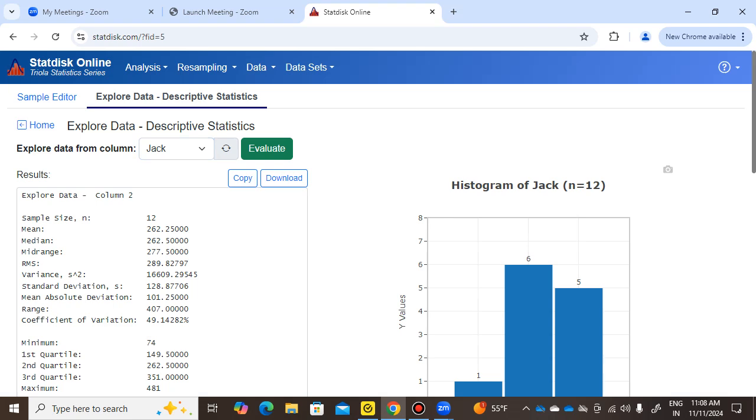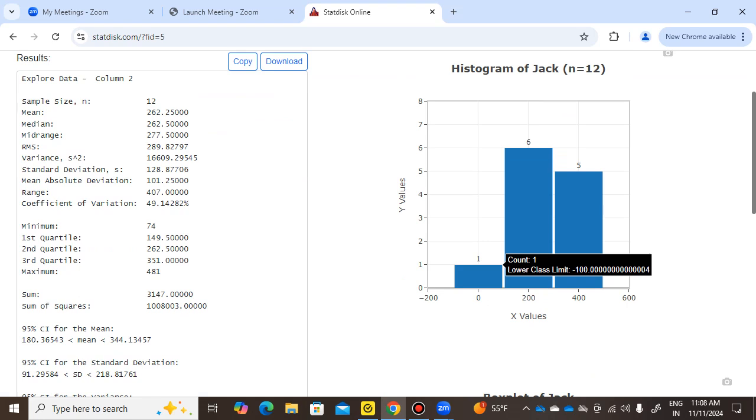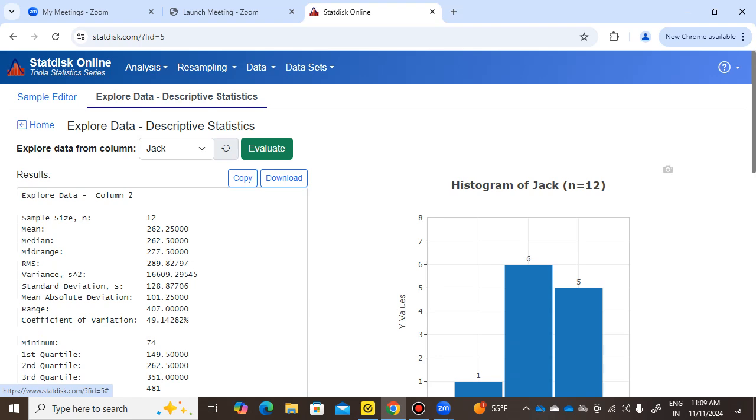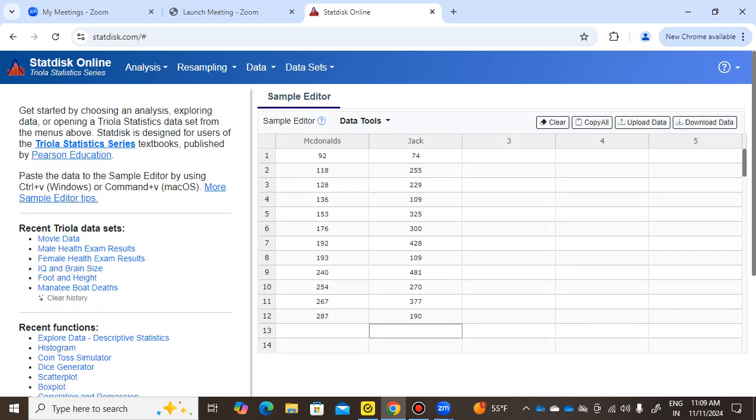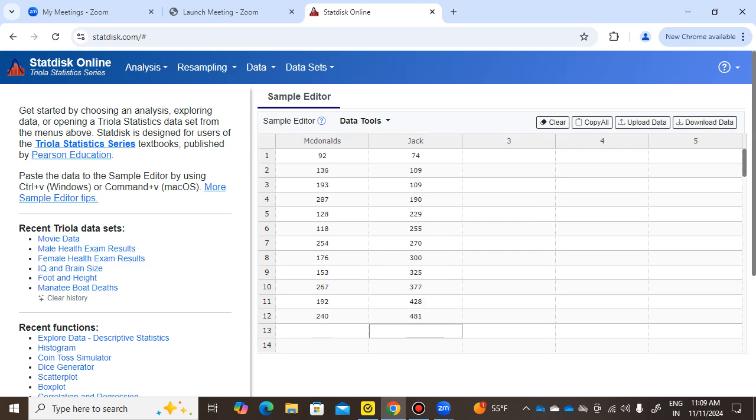And then the mode, in a similar sense, we can look at the class from 100 to 300, or we can look at any repeated data. So we'll sort it based on that second column, and we see 109 gets repeated twice, and that's it.